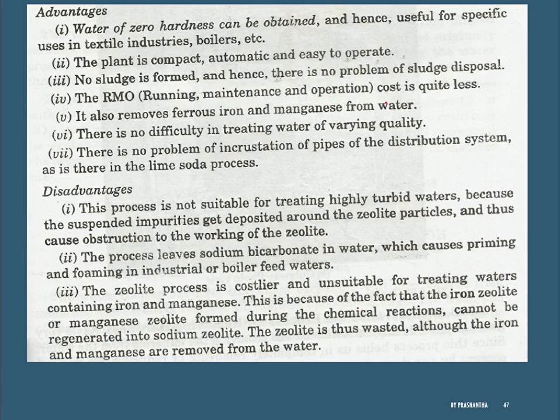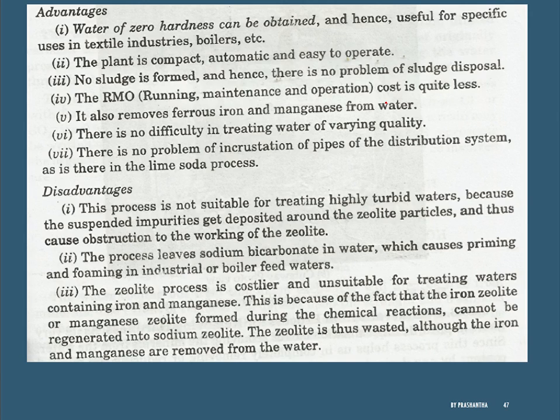Here no sludge is generated, therefore there is no problem of disposal. Running, maintenance and operation costs are very low. It also removes ferrous and manganese. It is very easy to treat the water in this, so there is no problem in the distribution system.